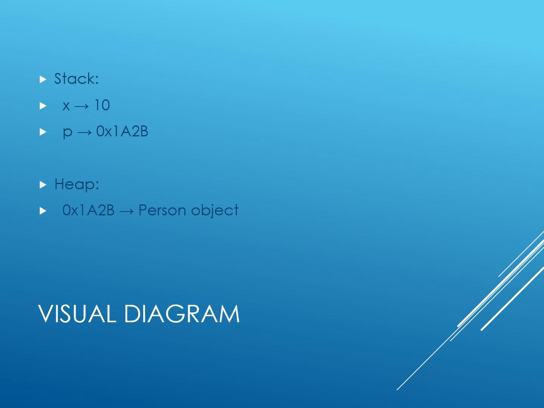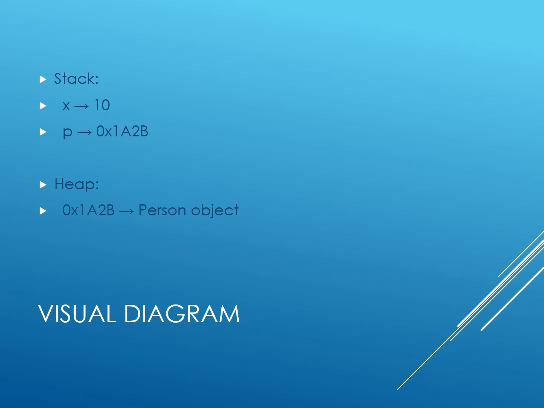This is a diagram that shows how Java handles memory for both the primitive and the reference types. On the stack we have a primitive variable x which directly holds the value 10. Under that we have a reference variable p. This one doesn't hold the object itself but an address, shown as 0x1a2b.